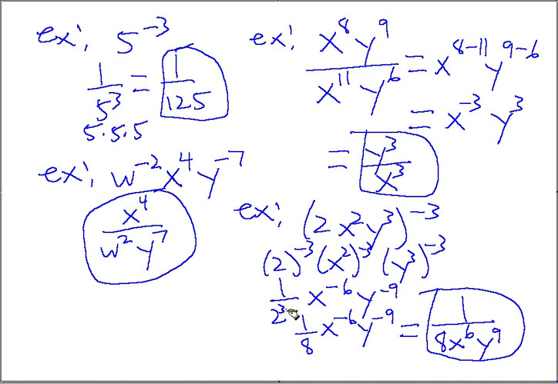Okay, let's try another problem here. Let me go and clear off the screen here. Let's look at this example here. Negative 3 x to the 4th power, y to the negative 5th power. That's a 5 there. Oh, darn it. Sorry about that. Let me clear out the screen and try it again.